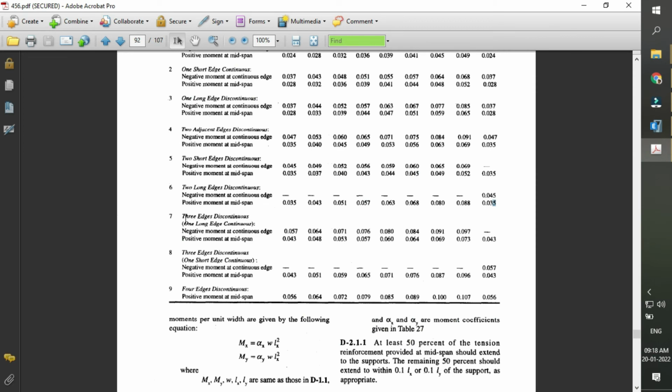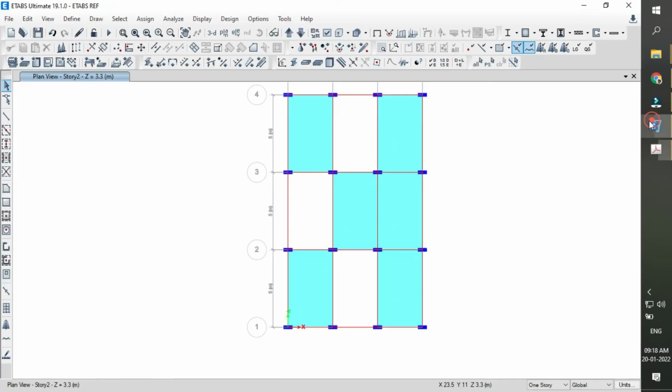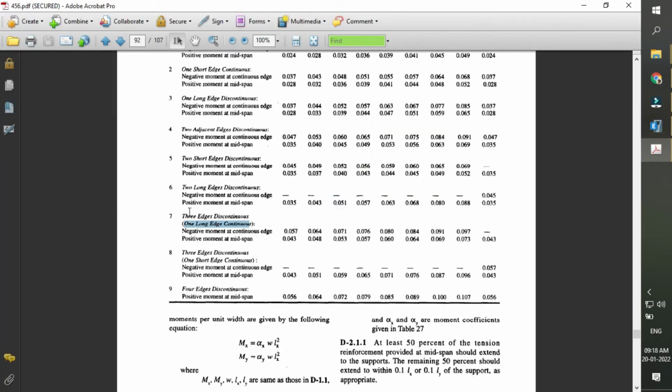Case number 7 is three edges discontinuous, only one long edge continuous, which means there is a continuous slab on the long side in one direction only. So this slab is to be considered for case number 7, and you have to consider the respective coefficients.